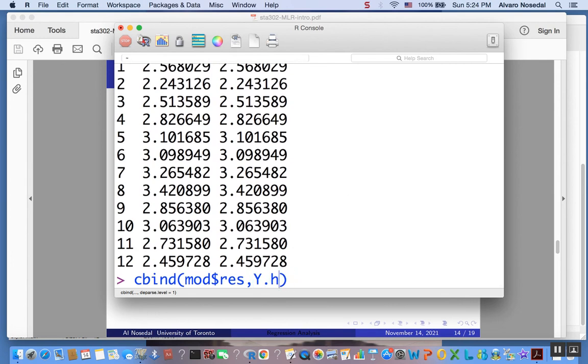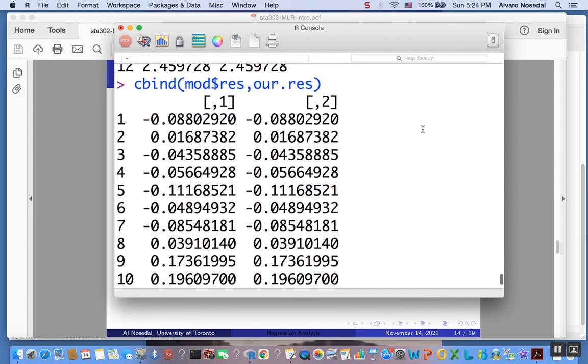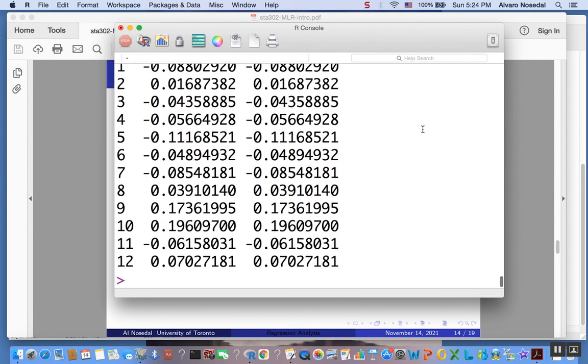So our residuals, see? Nice, right? So now we can see why that H matrix is so important.